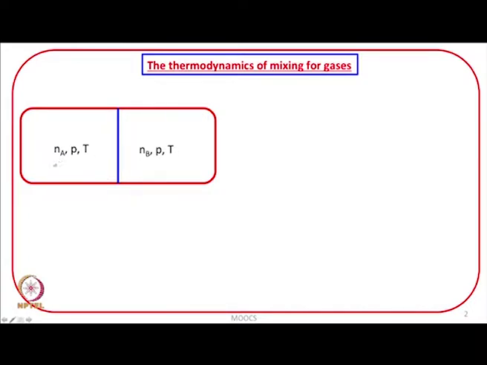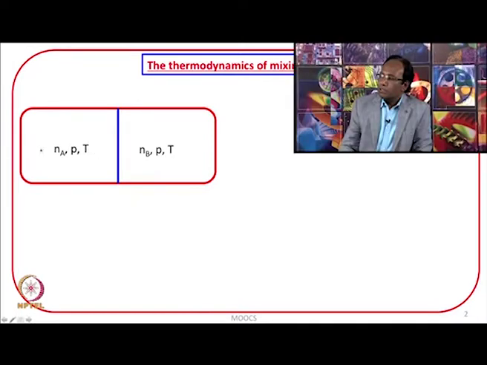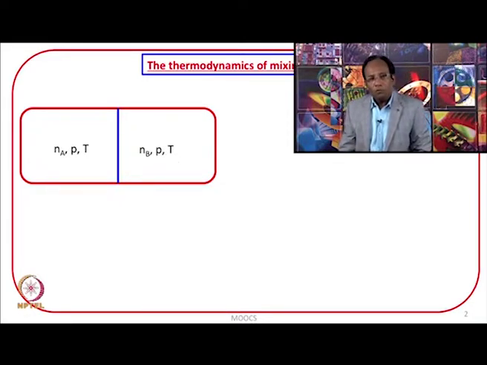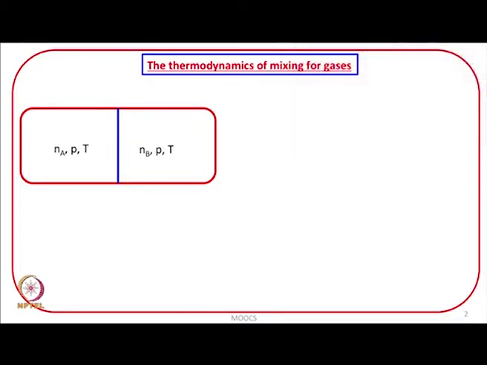On the left hand chamber, let us consider a gas in which Na number of moles of gas A at pressure P and T are enclosed, and on the right hand side of the chamber you have Nb number of moles of gas B at pressure P and T. We want to develop equations for the changes in thermodynamic properties when this partition is removed or when these two gases are allowed to mix.